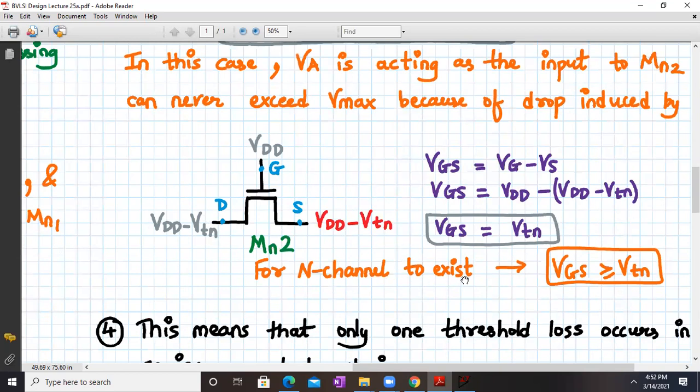For the N channel to exist, VGS has to be greater than or equal to VTN. That is why, even if the drain voltage of the second transistor is VDD minus VTN, the output voltage is also VDD minus VTN, because it all depends upon the VGS voltage. VGS has to be at minimum VTN.